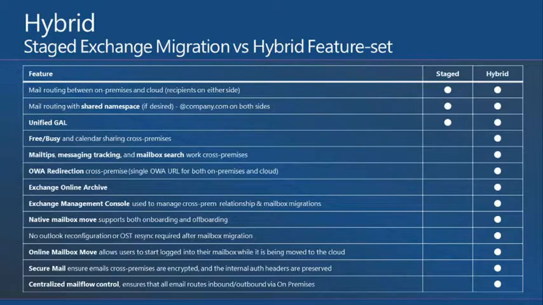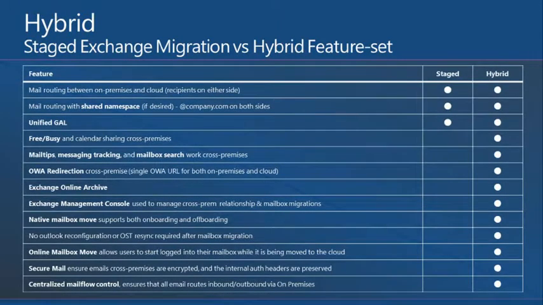The final thing to point out on the hybrid feature breakdown is that if you take Online Archive out of this, that list of features falls into three areas. Exchange sharing, which is what we use the Federation Trust for, and organization relationships, and essentially provides you federated FreeBusy and Auto-Discover.